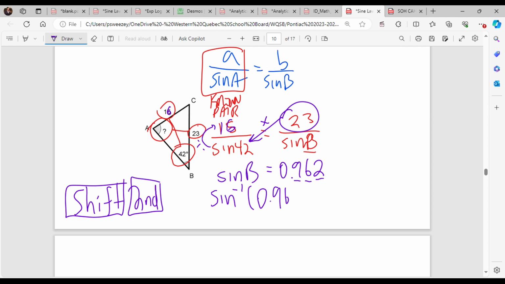So 0.962 is going to give me an angle of, so shift sine 0.962, and I get an angle B of 74.2 degrees. Okay? So that's the process of finding an angle.